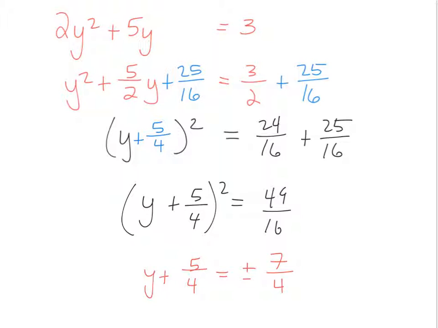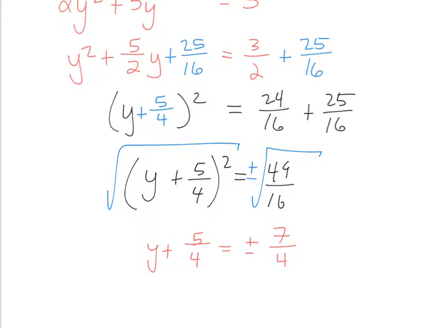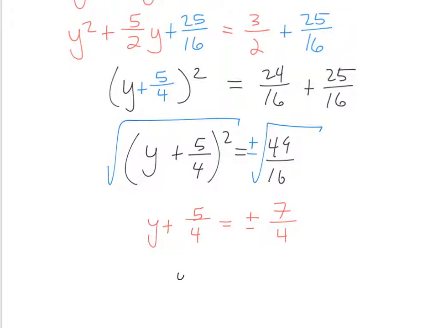So make sure to square root both sides here, remembering plus or minus on my answer there. And then move the 5/4 over as a negative 5/4 in the very front. And again, look, your answer is rational. You should combine like terms. So you can have negative 5 plus 7 over 4 and negative 5 minus 7 over 4.